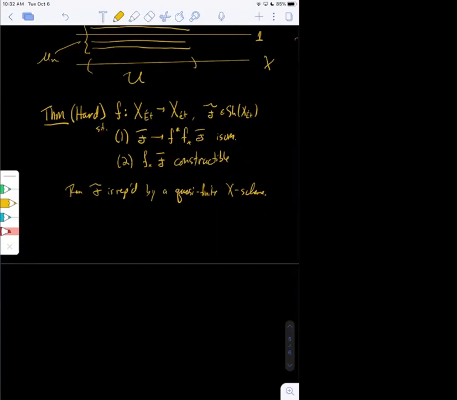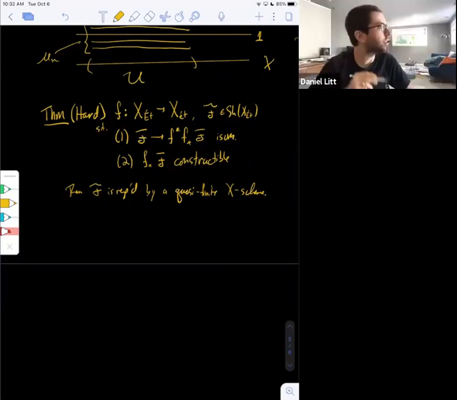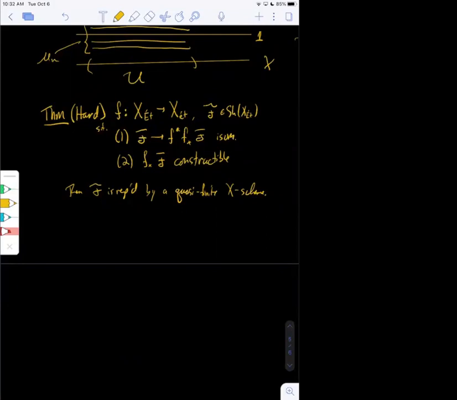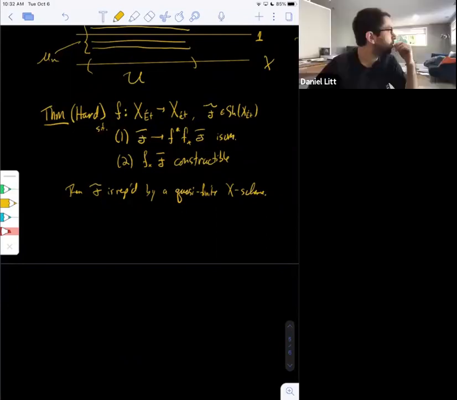Can you give an example of an F for which this first condition is not true? Sure. What's the easiest example?